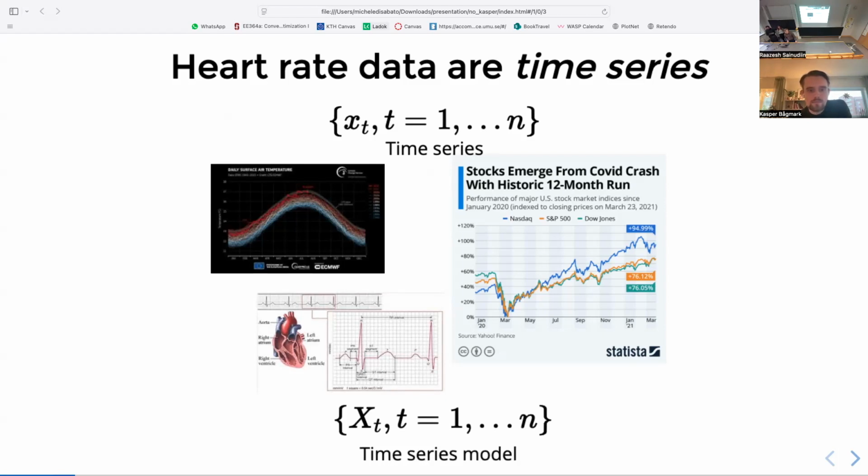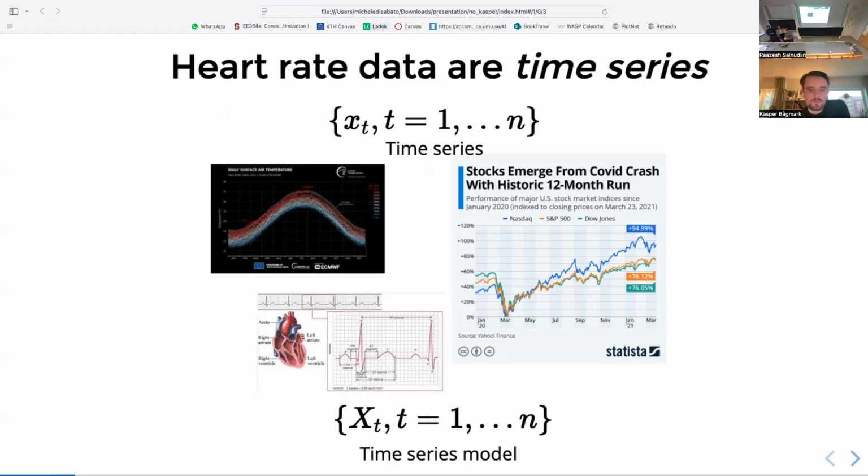But this is just a sequence of stochastic or random variables that should, if you do your modeling work well, capture the observed data points. And then you can do your predictions, your trend extraction, or whatever you want to do.